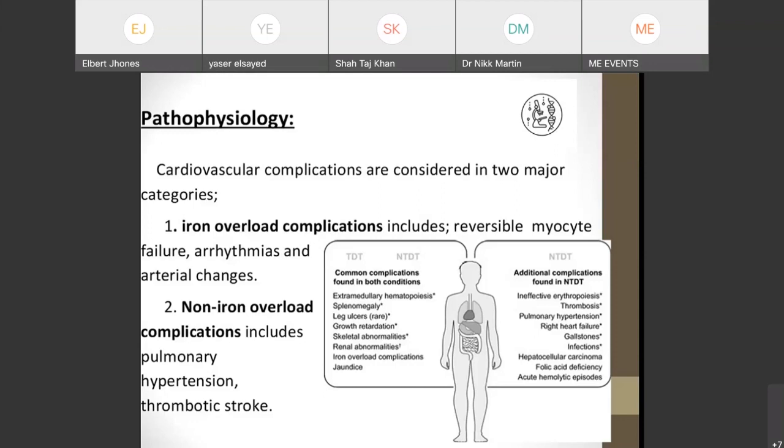The repeated transfusions have more chances of developing hepatitis C, most commonly because there's no vaccination against hepatitis C. We have been able to control hepatitis B because the transfused patients are being regularly vaccinated for Hep B. Then there are folic acid deficiencies and acute hemolytic episodes.